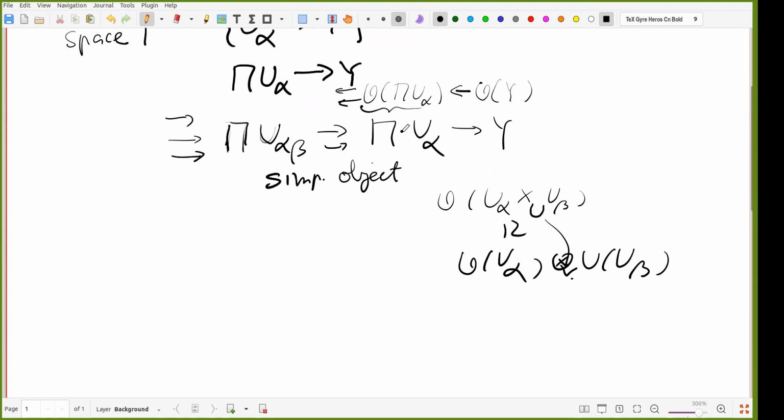On the level of these algebras, if I call this some product of A alpha, and this some different product, maybe a tensor product or something, then you will have maps in the opposite direction, and I will have a cosimplicial algebra.